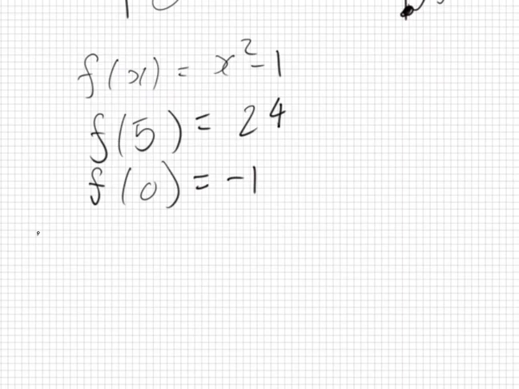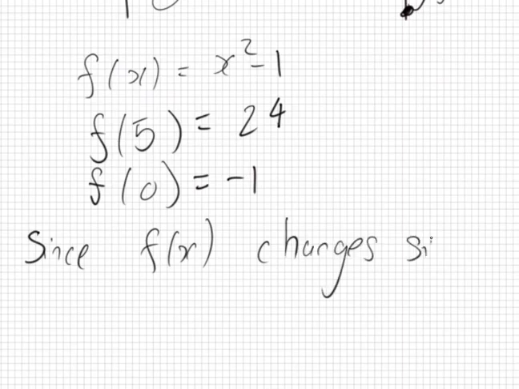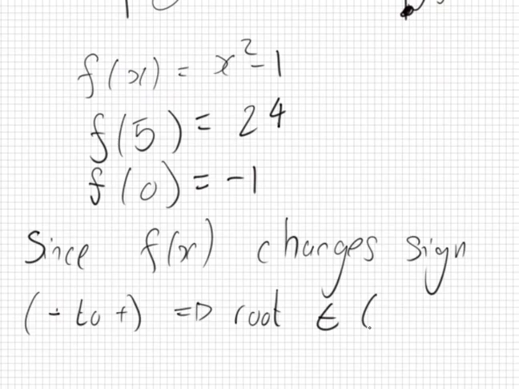So I can say: since f of x changes sign, in this case from negative to positive, from 0 to 5, then that means there's a root somewhere between 0 and 5. If you want to show that something has a root, all you need to do is show that it changed its sign going from one location to another.